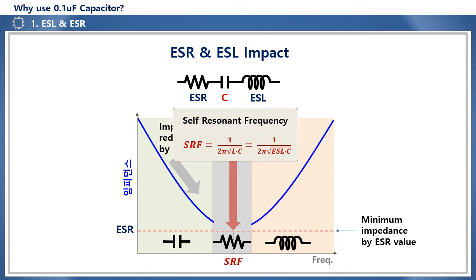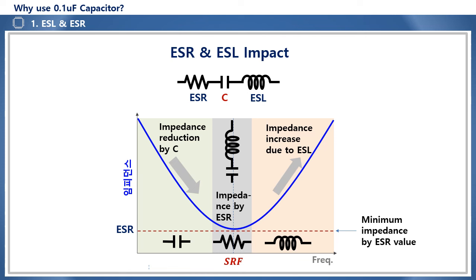The frequency at this point is called the self-resonant frequency, or SRF. SRF has the general LC series resonant frequency formula, that is, the relationship of 1 over 2 pi root LC.